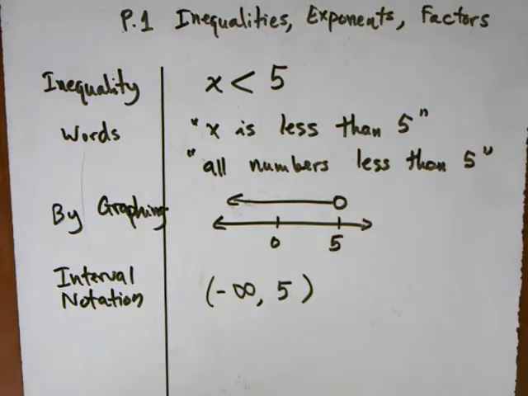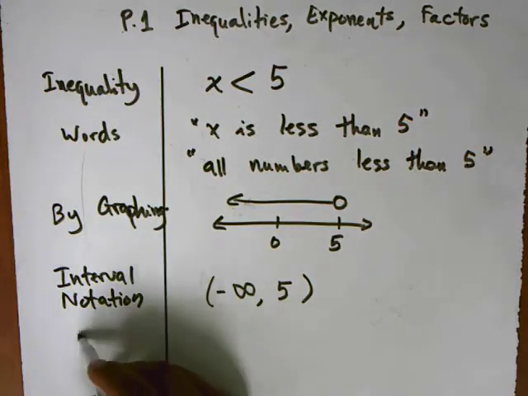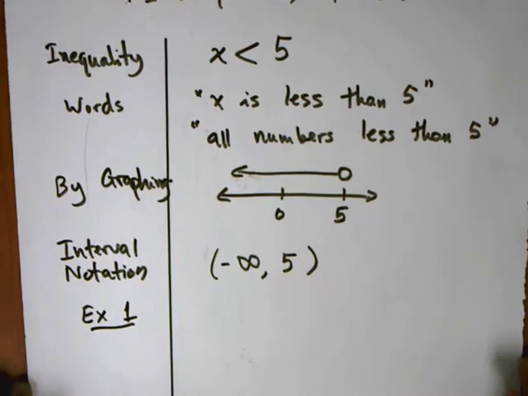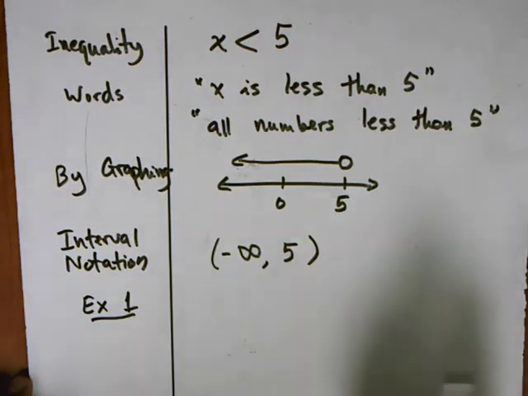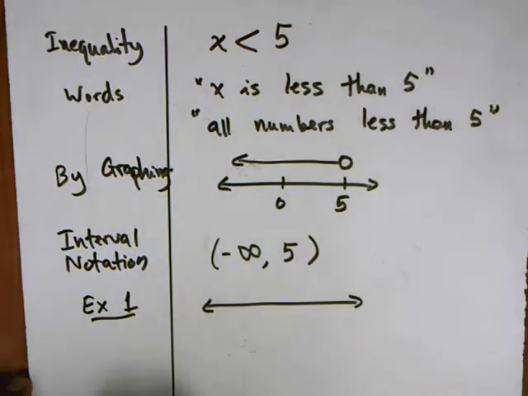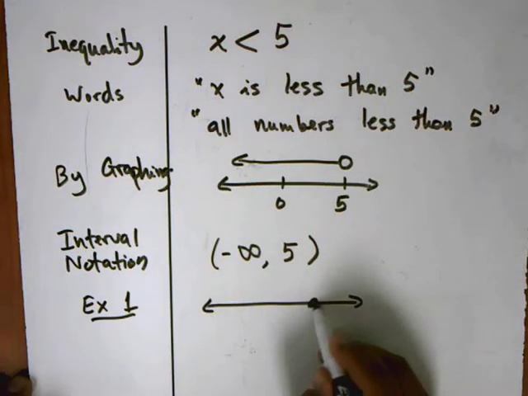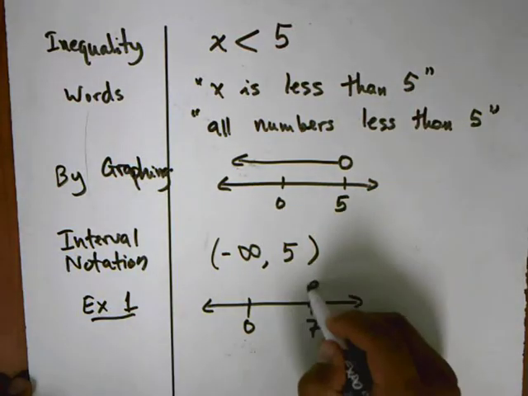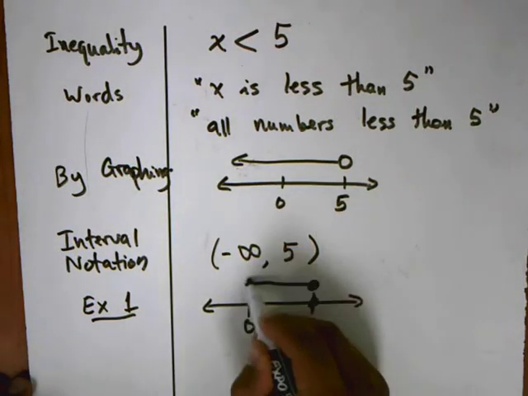For example, let's look at a different scenario. I'm going to call this one example 1. What if I had this expression as a graph? I put 0 on here, put 7 on here, and then I fill in the circle and go this way.